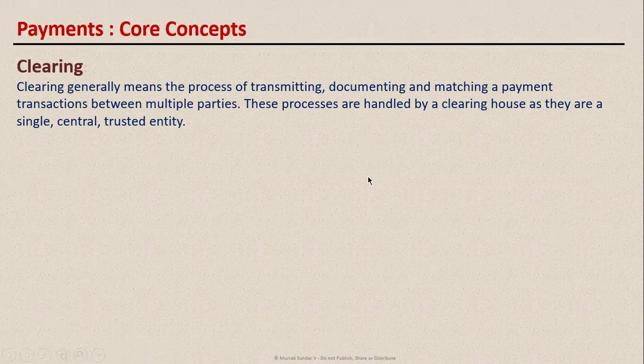Okay. So in domestic payments alone, this concept of clearing houses makes more sense. Or I would say in domestic payments alone, the clearing houses are operated. These clearing houses are a single entity, central for all the banks, and they are the trusted entity. They are responsible for all the money transactions happening in the domestic system.